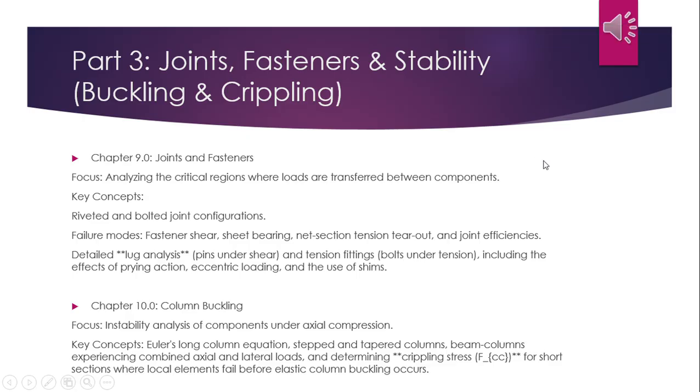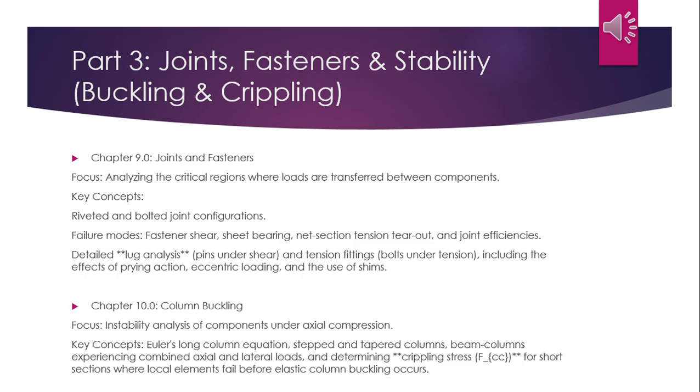This is the third part, which is about joints, fasteners, and stability: buckling and crippling. Chapter 9 is about joints and fasteners. It focuses on analyzing the critical regions where loads are transferred between components. The key concepts are riveted and bolted joint configurations.